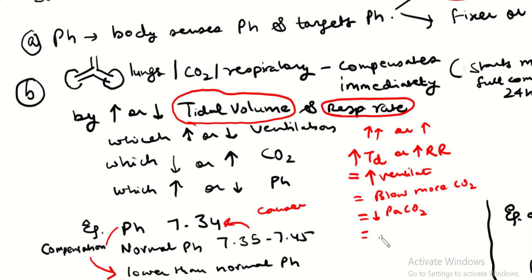Which causes what? Your PaCO2 goes down, so my acid goes down, which means my pH goes up. Okay?